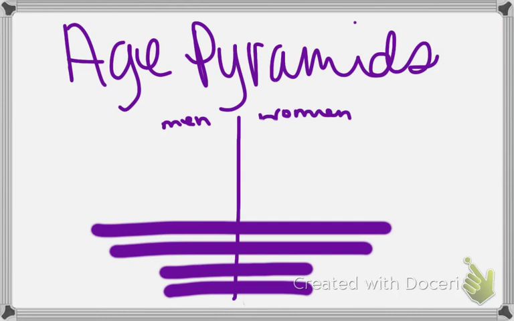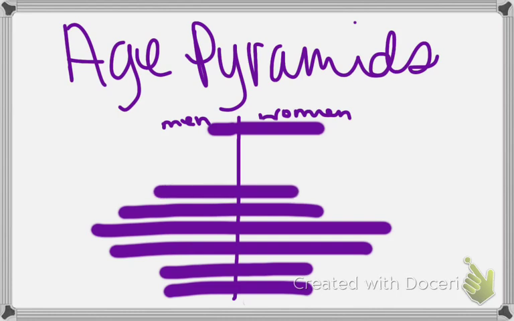For 80 plus up here, we have this going on. And then usually from middle age, about the 20s, we have this going on. And then older than that, usually about 30s to 50s.